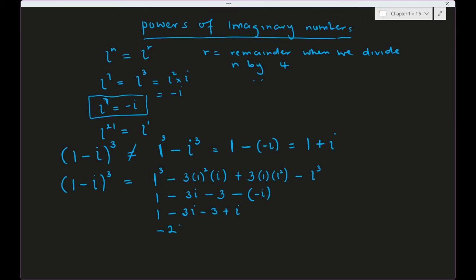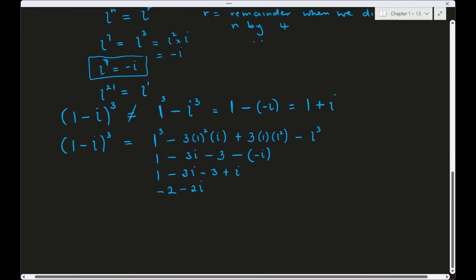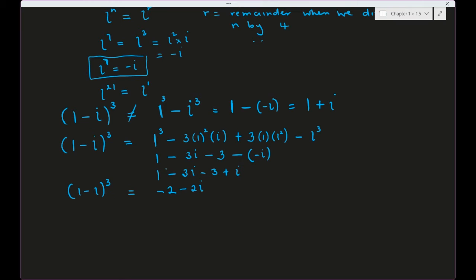So this will be minus 2i, right? Yes. Okay. Then what next? If we look at this, this is what it should be. So if you have (1 - i) to power 3, it should be this much.